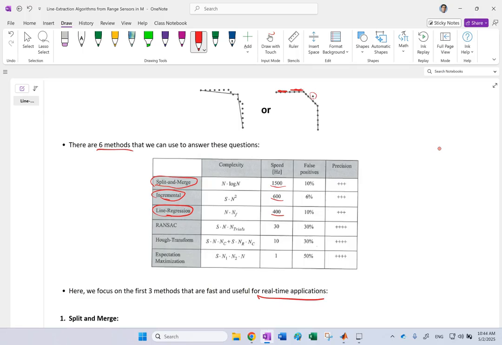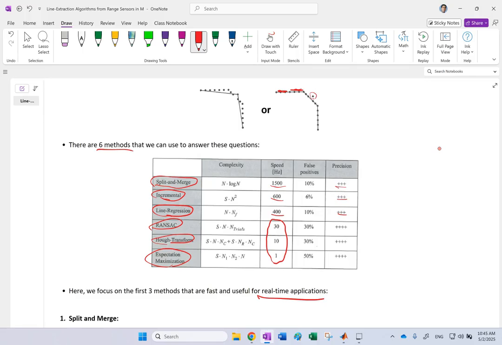Now, their precision is not bad, and there are algorithms that have better precision, like RANSAC, like Hough transform, and expectation maximization. These have better precision, but their speed is quite a bit lower.